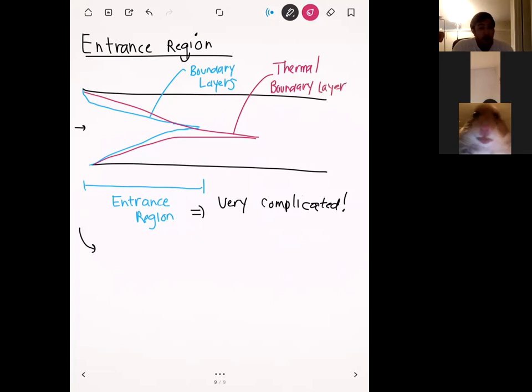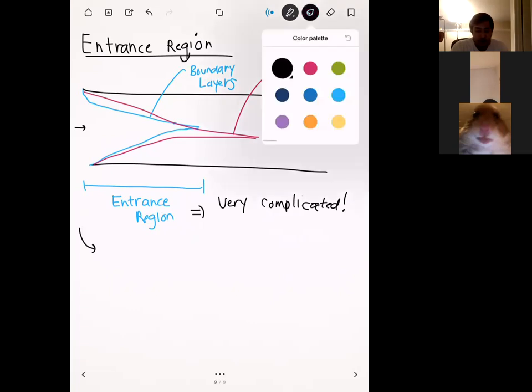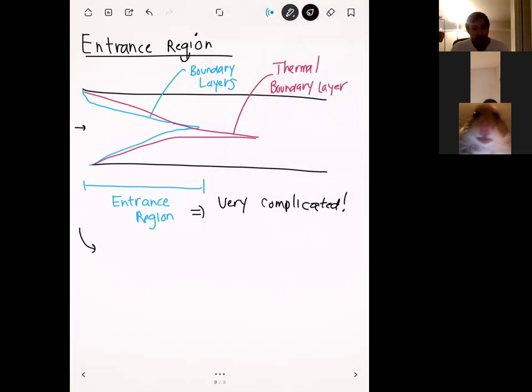Depending on the Prandtl number, one boundary layer might grow faster than the other. In order to perform analysis on internal convection, we have to assume that we're outside of the entrance region for both the velocity and the thermal boundary layers. So both.